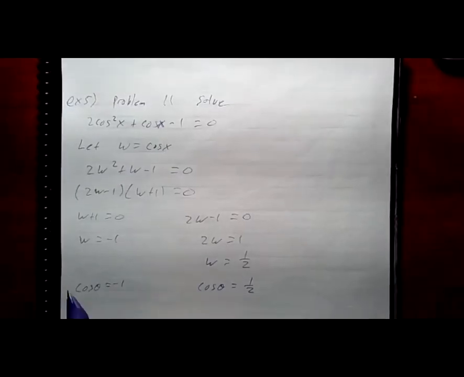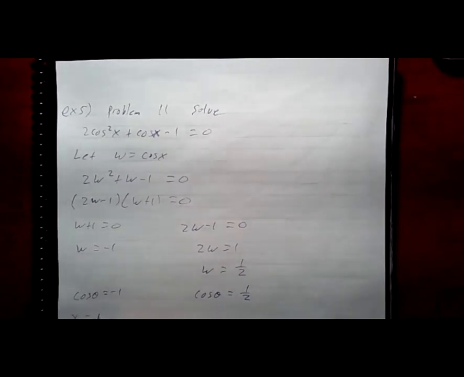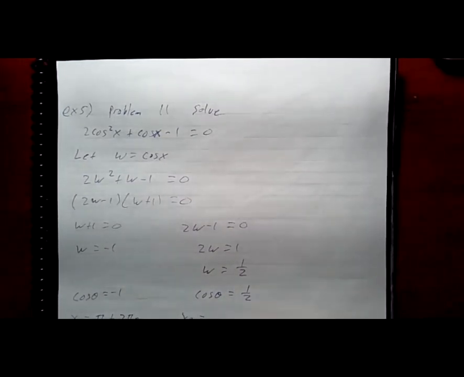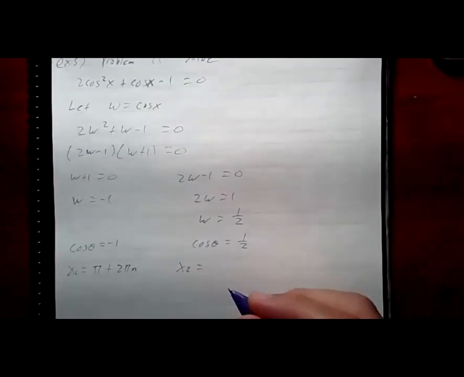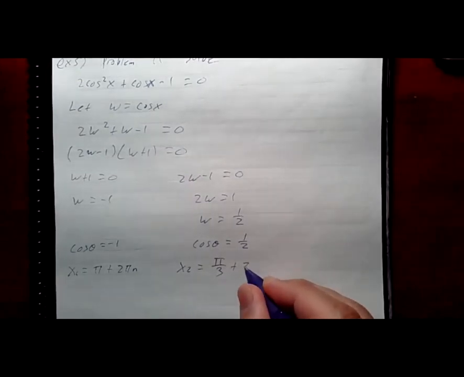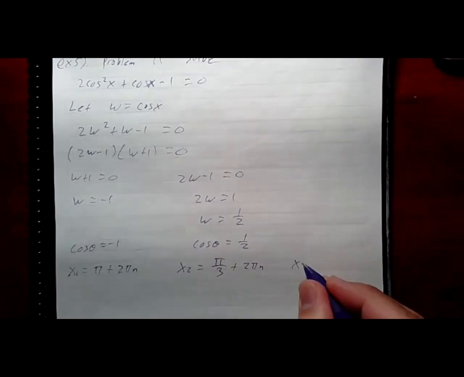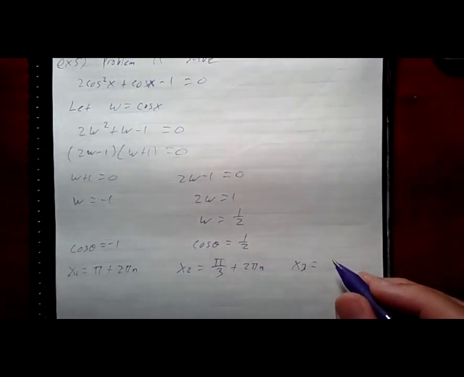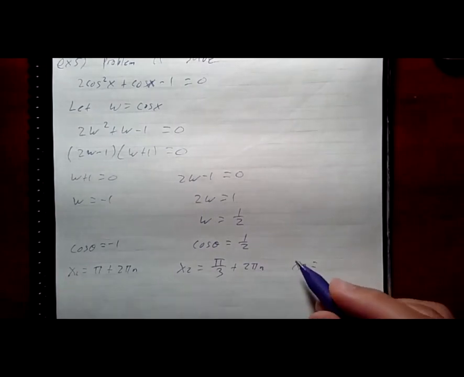So the answer would be x1 is pi plus 2 pi n. X2 would be, what did I say? Oh, pi thirds plus 2 pi n. X3 is going to be, we said 1/2.